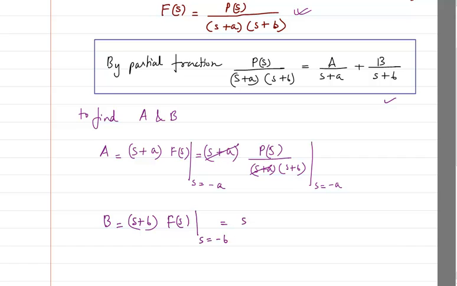You multiply s plus b with P of s divided by s plus a into s plus b, where s plus b and s plus b will cancel off, and you put s is equal to minus b, you get the answer.